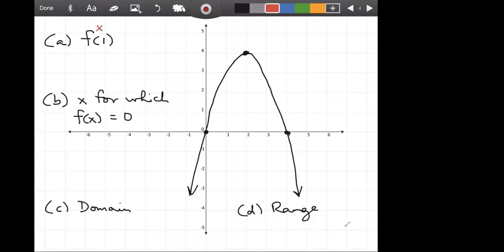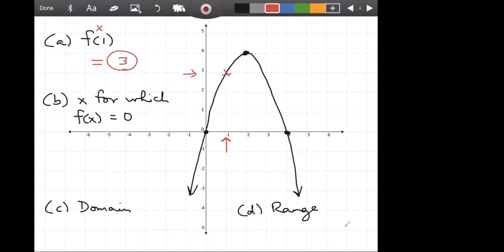So when they give you a graph and they ask you to find f of 1, that means to locate the point on the graph where x equals 1. So if I go to x equals 1 on the x-axis and I look up and down, eventually I will find this point right here, which has a y value of 3. So that means that f of 1 is equal to 3.